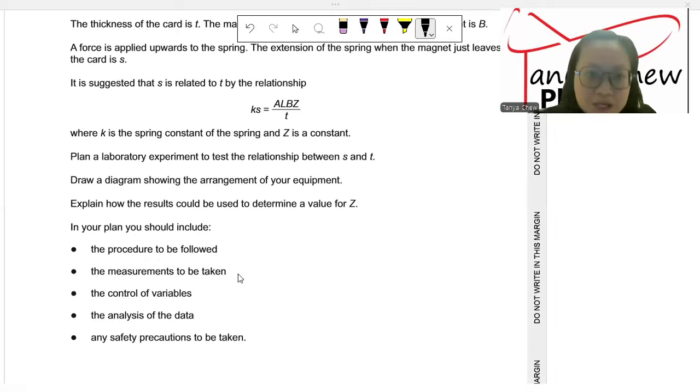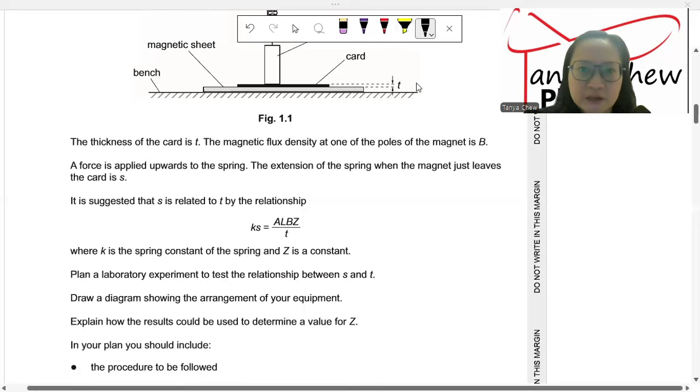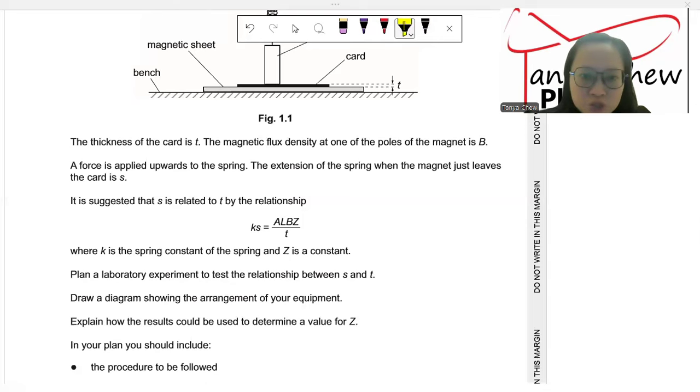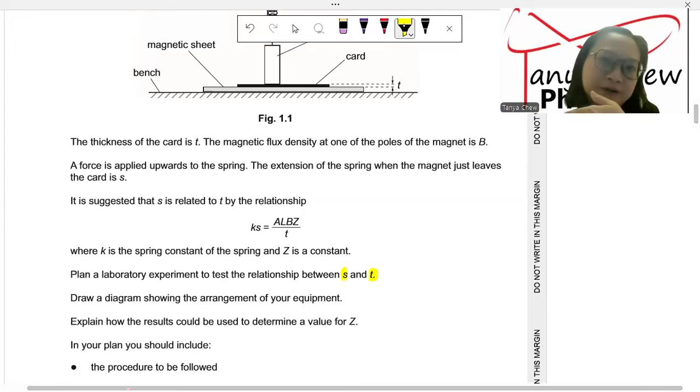Now, let us begin with this question. When I see a question like this, to help me get an idea, I will look at the relationship that we are asked to investigate. So we are asked to investigate the relationship between S and T. So S and T, one will be your independent variable, the other one will be your dependent variable.